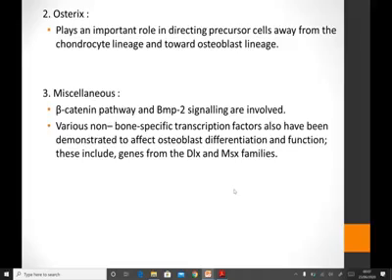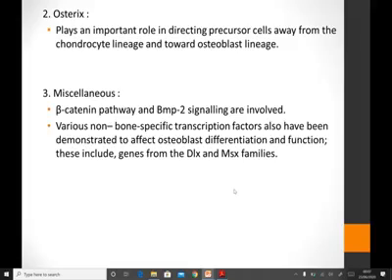Then we have certain miscellaneous transcription factors like beta catenin and BMP2, two signaling molecules that regulate the formation of an osteoblast from the precursor, the pre-osteoblast. Then various bone specific transcription factors are also involved, including members from the DLX gene family and MSX gene family that affect osteoblast differentiation and function.